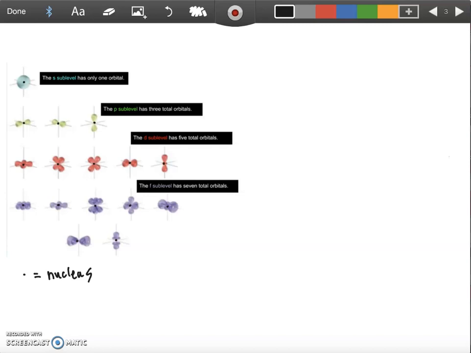Because the S sublevel has only one orbital in it, that's the S orbital, and each orbital can hold 2 electrons, this means that the S sublevel has 2 electrons total. Alright, the S sublevel has 2 electrons. You can only fit 2 electrons in the S sublevel. Then you have to move on to the next sublevel, okay?